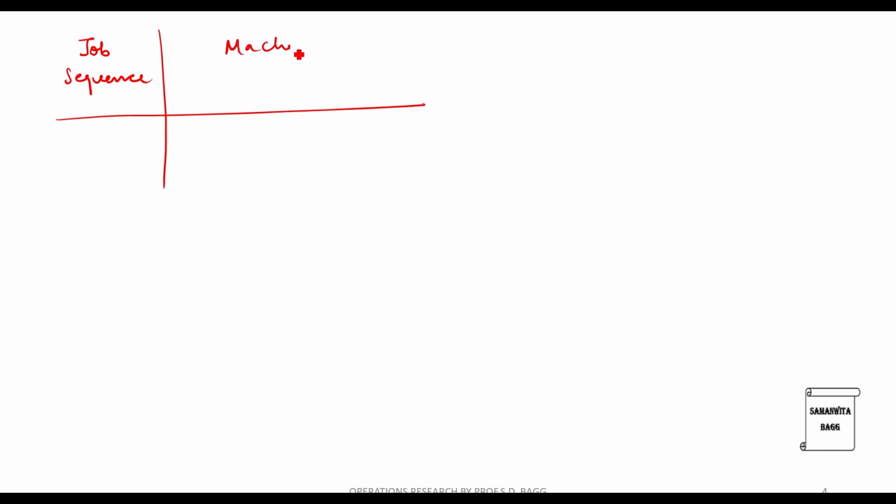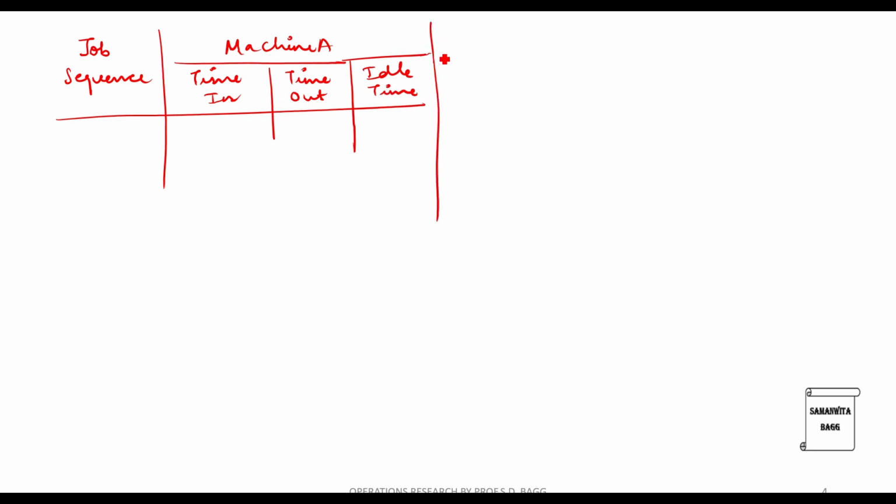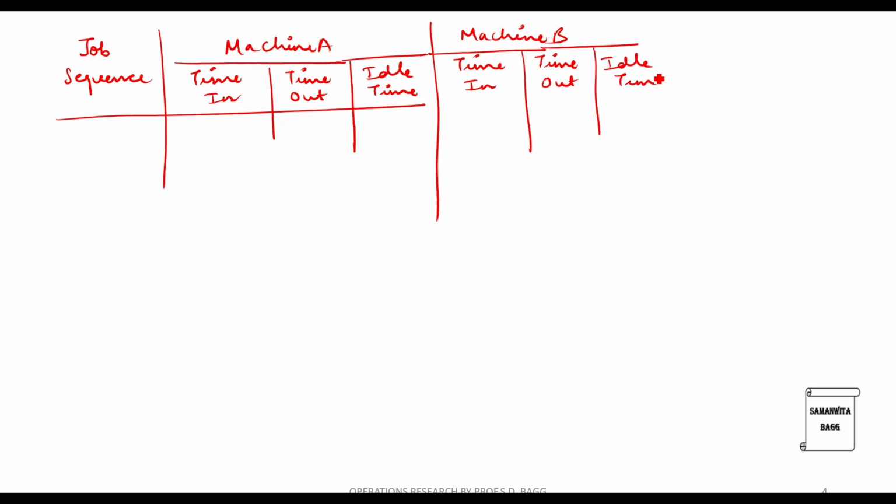Then I am solving for machine A. So I need to know the time in, time out and the idle time. Similarly, for machine B, I want to know what is the time in, what is the time out and what is the idle time.